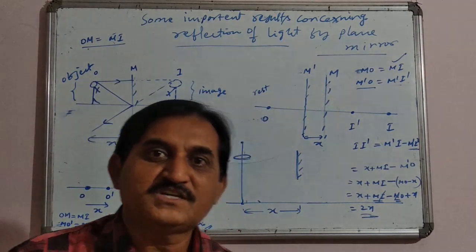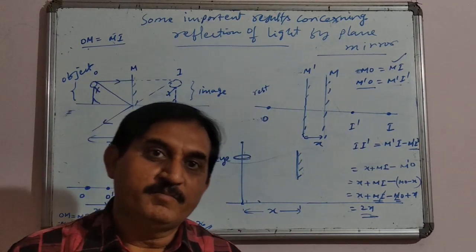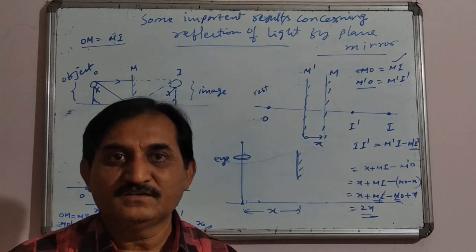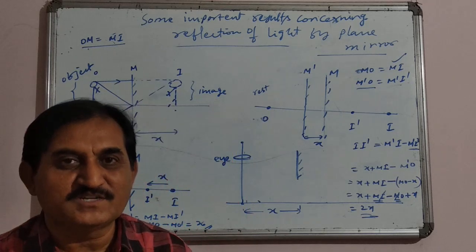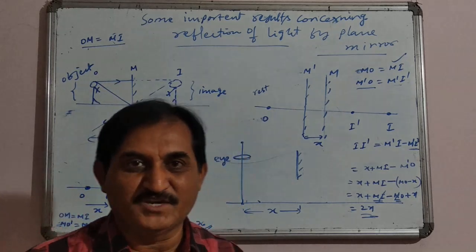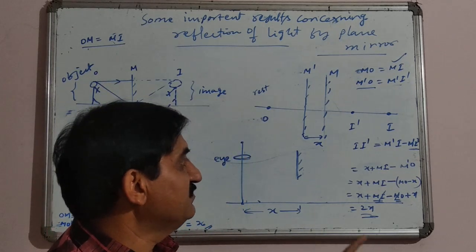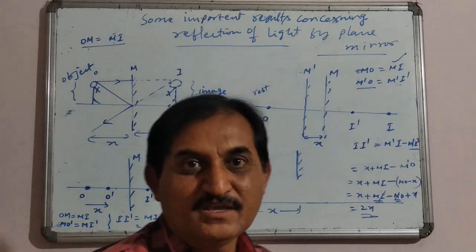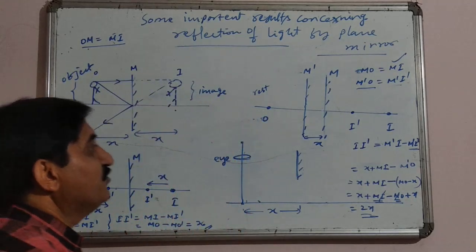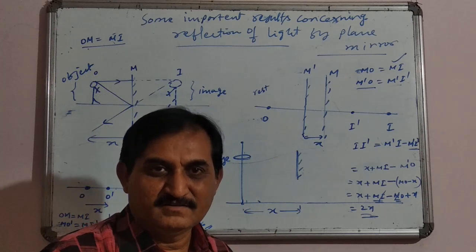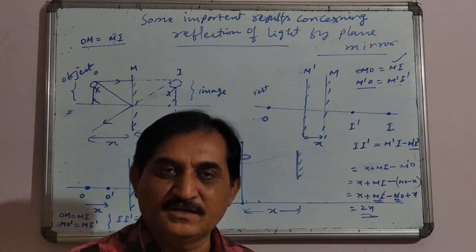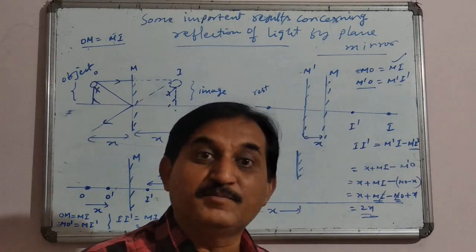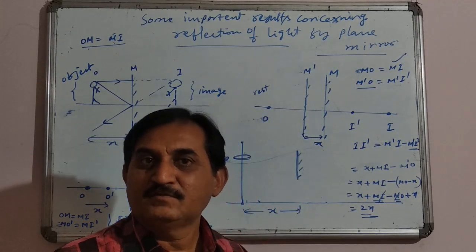When the mirror is shifted by x towards or away from the stationary object, its corresponding image will shift by 2x. Whenever the mirror is moving with a certain speed towards or away from a stationary object, the image moves with double the speed of the mirror.